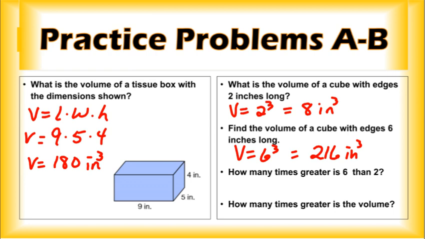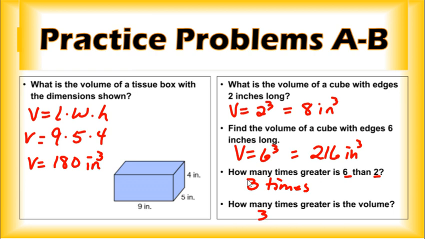How many times greater is 6 than 2? Well, 6 is 3 times greater than 2. And we can figure that out by just taking the 6, dividing it by 2. That gives you your 3. Now, how many times greater is the volume? Well, the 3 times is like your scale factor.